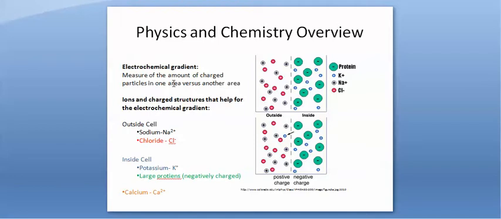Okay? And it takes energy to create that electrochemical gradient. We have to push those potassium ions back into the inside of the cell, and that takes energy because we're moving up the concentration gradient. We're taking all of those potassium ions from the suburbs and pushing them back into the city.